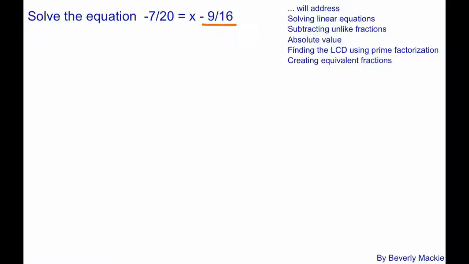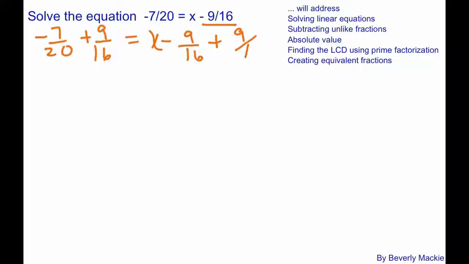And so it will be negative 7/20 plus 9/16 equals x minus 9/16 plus 9/16. That will get rid of the numbers on that side. It isolates the x.